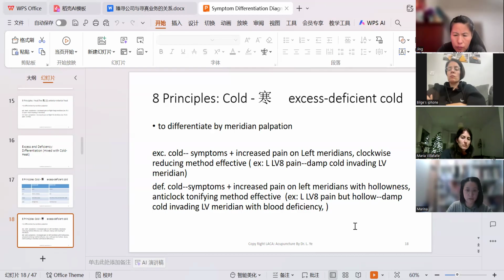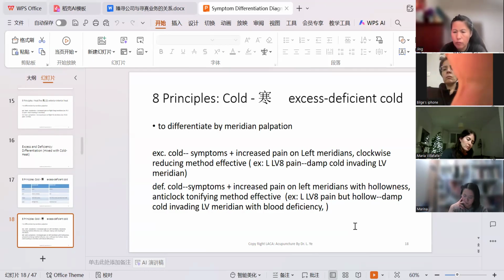However, when it comes to differentiation by meridian palpation, it's much more straightforward. For example, with excessive cold, it will be symptoms plus increased pain on the left meridians, and the clockwise reducing method is effective. Sometimes the symptoms are not very clearly distinct, and you're not sure whether it is deficient or excess. How can you identify this?